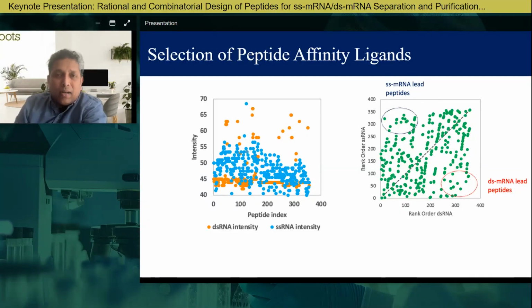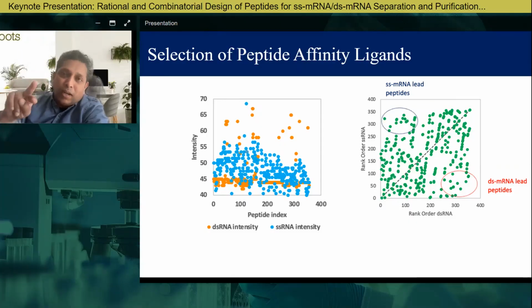The one in red at the bottom of that plot, those are peptides that are lead candidates for binding double-stranded mRNA selectively. And those are the ones we are interested in for this particular discussion because we want to remove the impurities. However, the peptides that are in the black dotted oval on the top left of this plot, they too are interesting because those are candidates that bind to single-stranded RNA selectively.